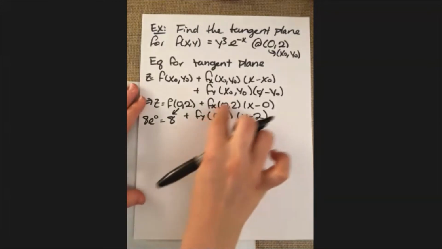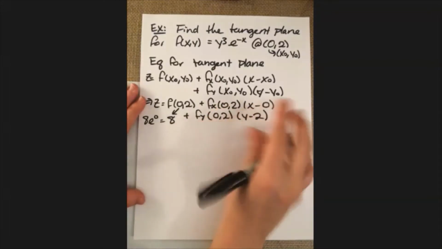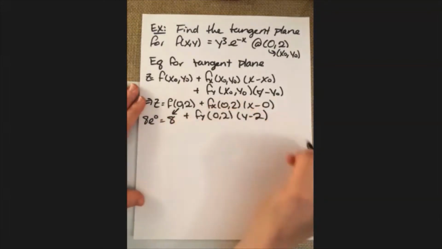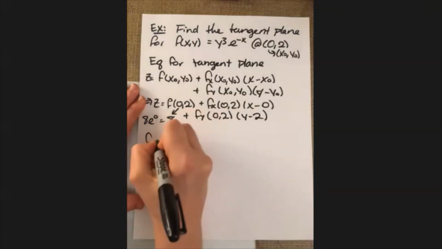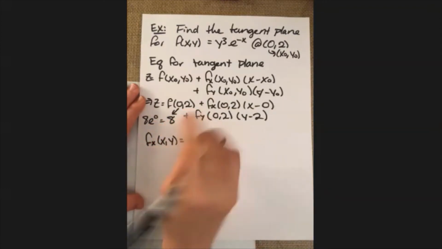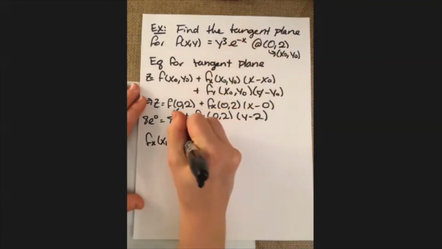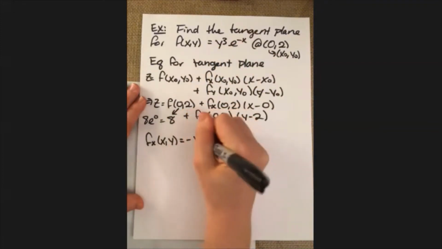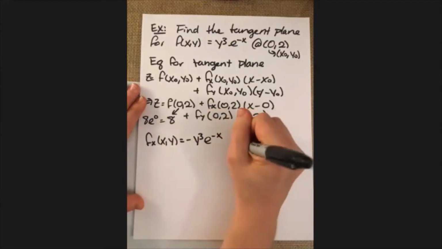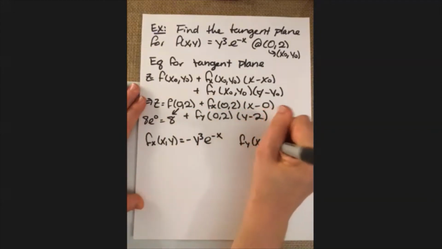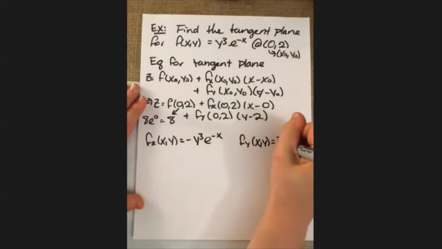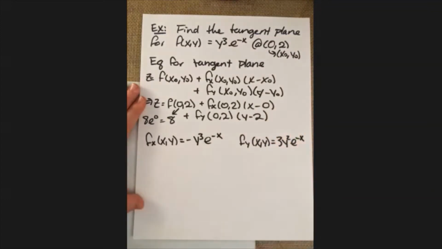And now we just have to compute our partial derivatives, plug in the values, and then substitute everything back into here. So my partial derivatives in general: taking the partial derivative with respect to x here, we're going to get negative y cubed e to the negative x. And then with respect to y, we're going to have 3y squared e to the negative x.